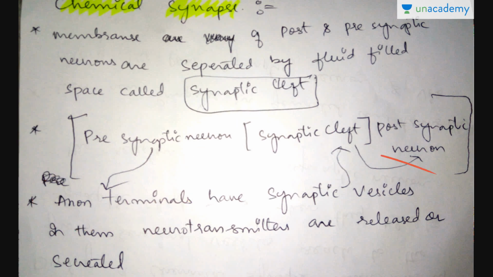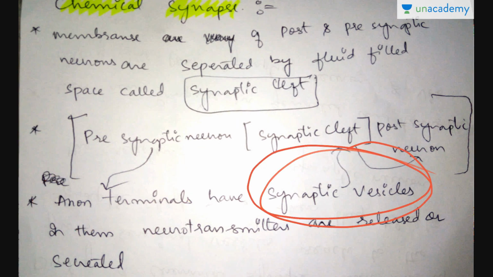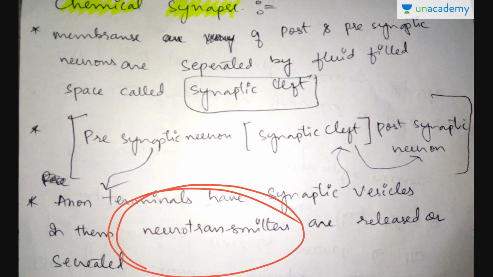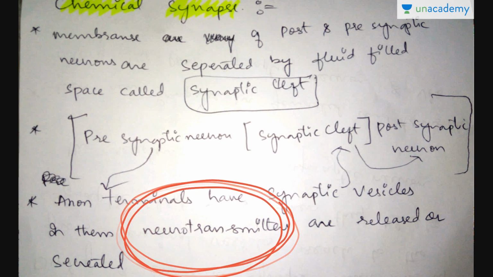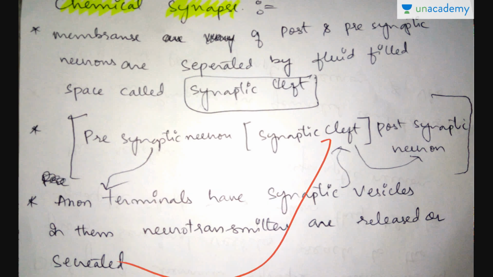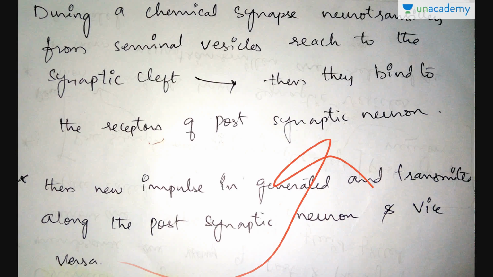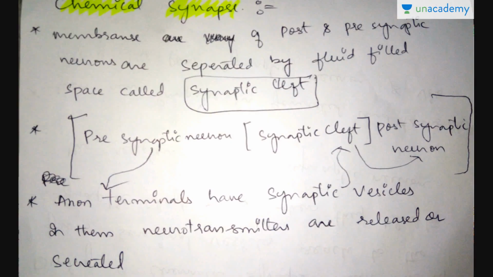In these synaptic vesicles, neurotransmitters are produced, and they are released into the synaptic cleft.